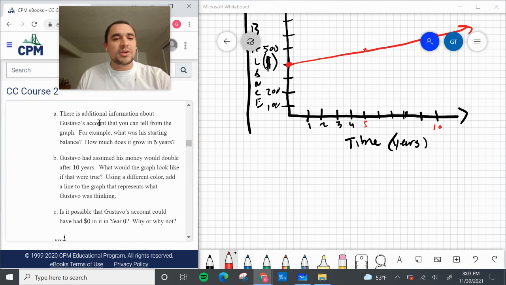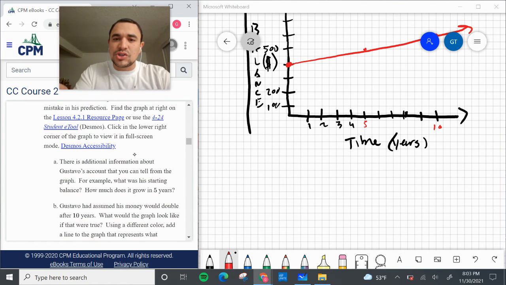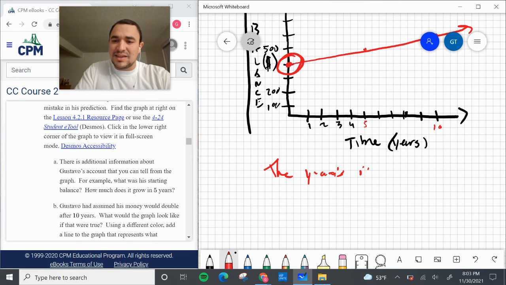There is additional information about Gustavo's account. What can you tell from this graph? What was his starting balance? The starting balance here is where it enters the y-axis. So the y-axis is the starting point, and that is when it's 0 for the x and whatever y is.